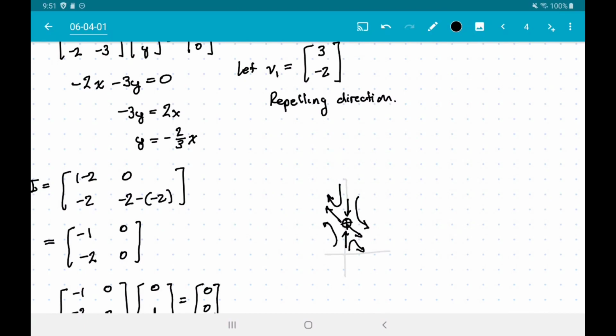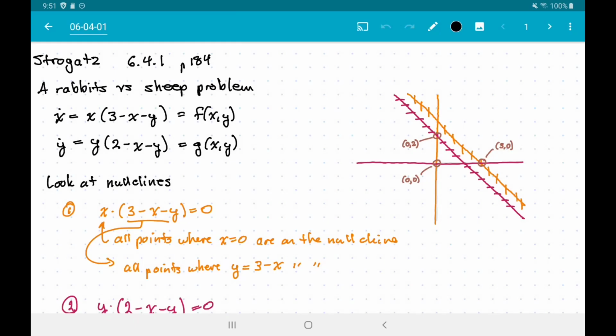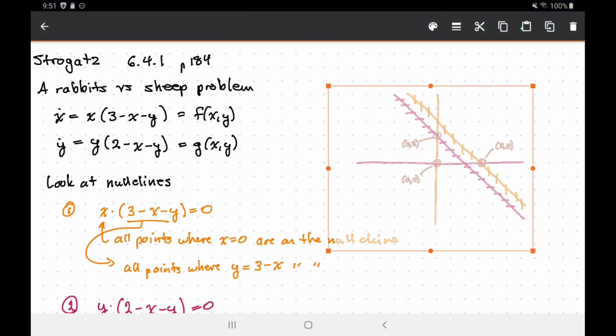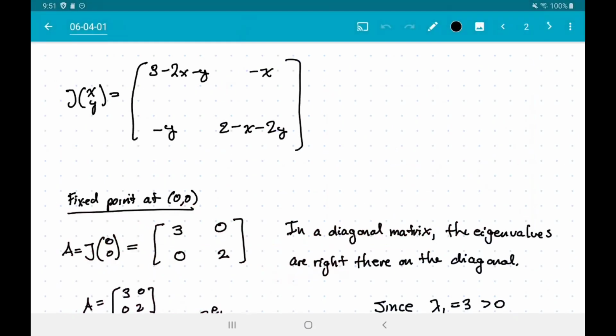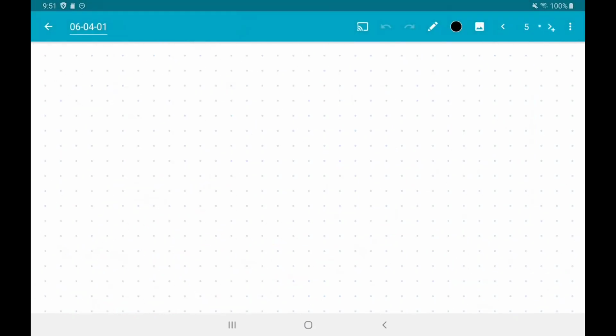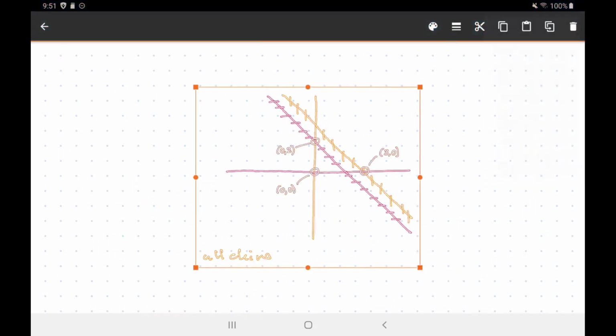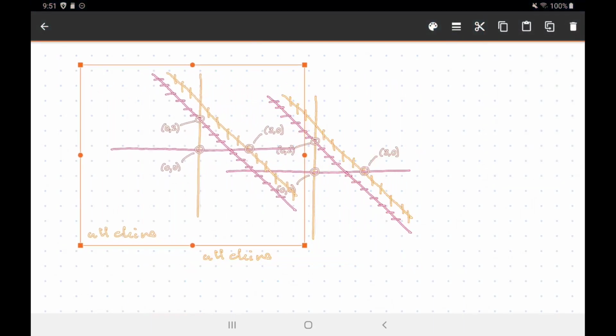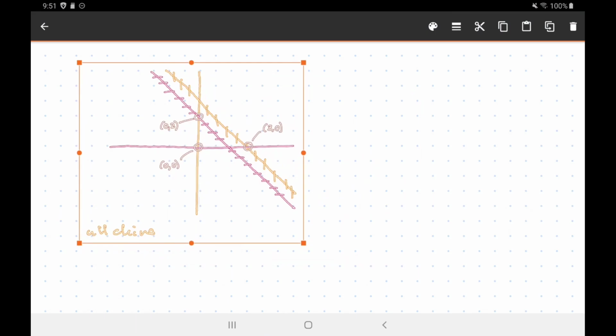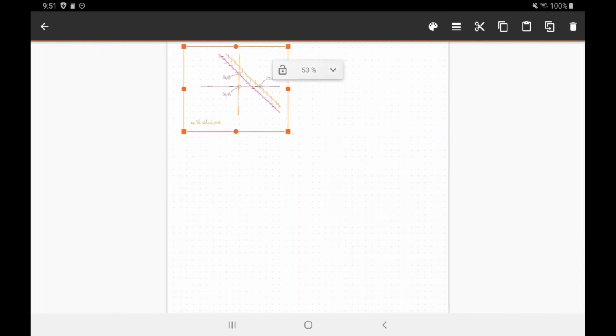Okay, so now we've got these three little fragments worked out. Now we can go back and add some detail to this picture. So I'm going to copy this picture and go here and paste it, and let's see, line it up, and actually I may as well make it bigger.